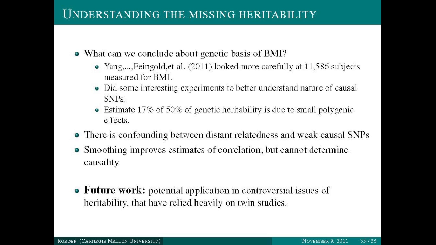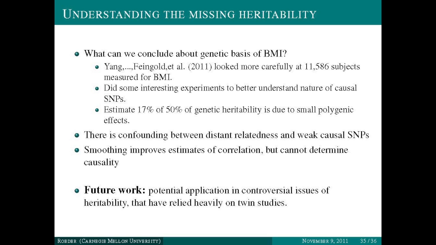So in a very nice paper by the same authors, but including Eleanor, they looked at that data more carefully. They really cleaned out the relatives, and they looked at a much bigger sample of body mass index. And they did some interesting experiments by looking chromosome by chromosome and in genes and out of genes, and they came up with 17% of the 50% was actually due to small genetic effects that were tagged by the genome.